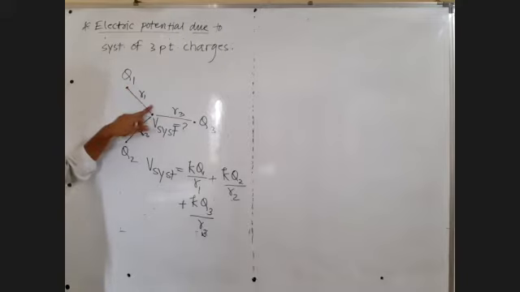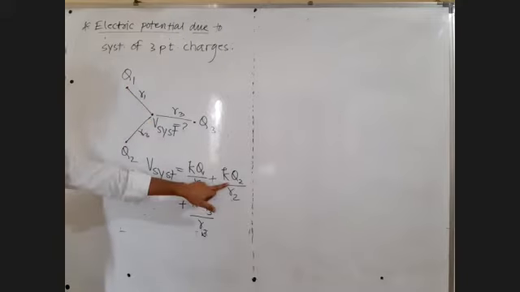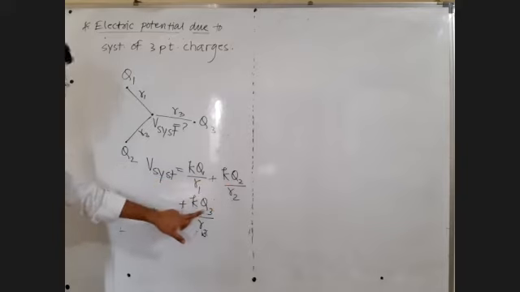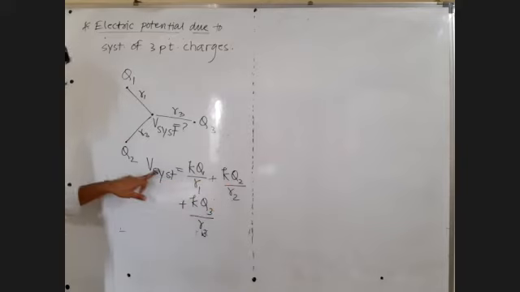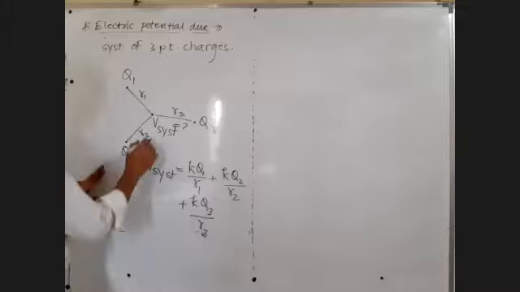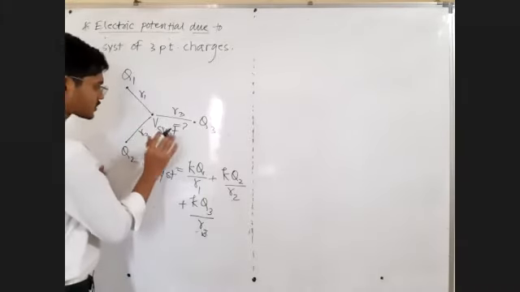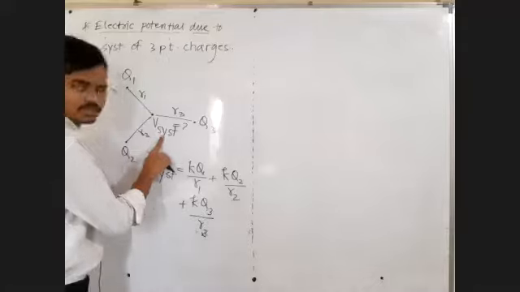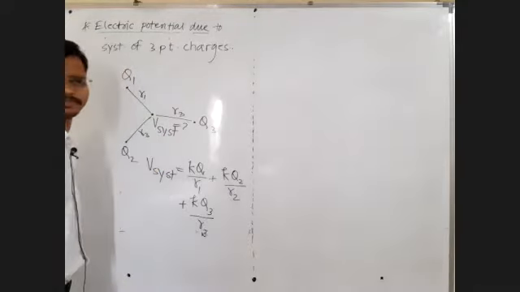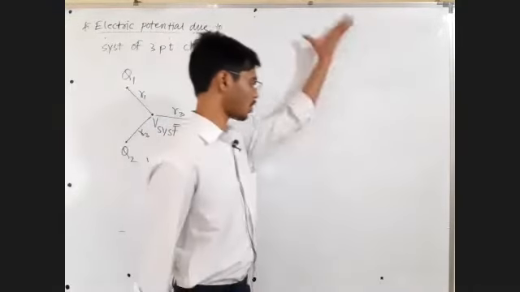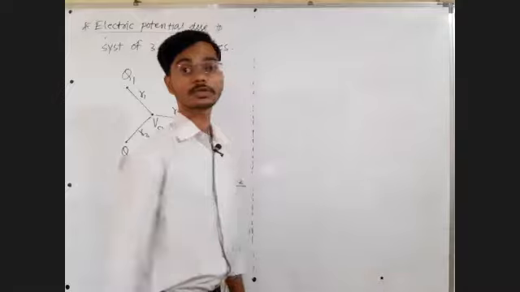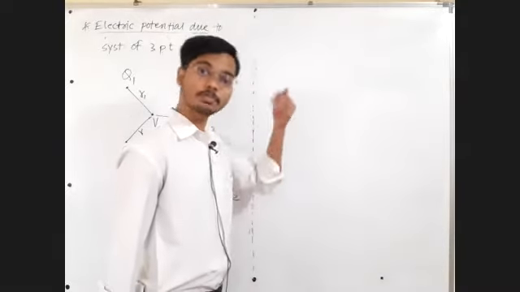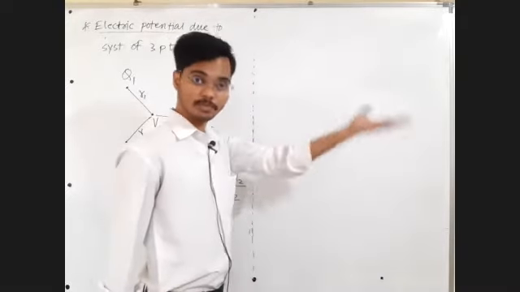Potential because of the first charge plus the second charge plus the third charge will give me the potential because of the system. I am not saying potential of the system, I am saying potential because of the system. Okay, let us write down all those phrases. Force between the two charges, force because of the first charge, force because of the second charge.